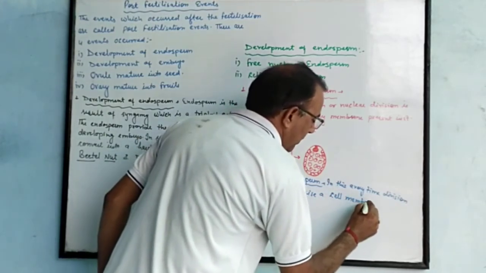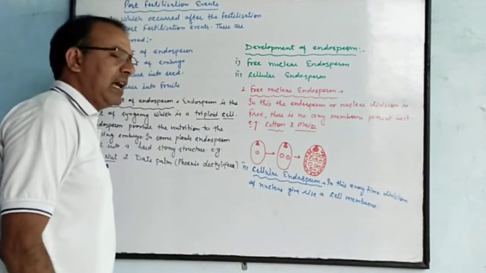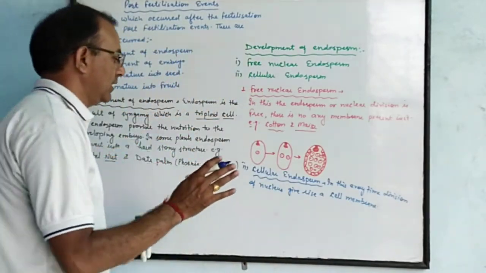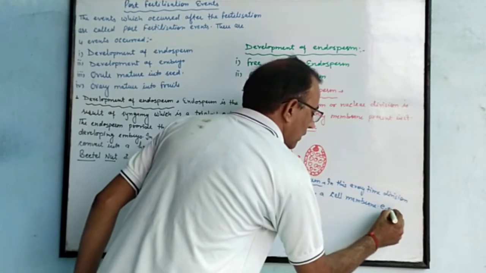Every time the nucleus divides, it gives rise to a cell membrane. जितना भी न्यूक्लियर डिवीजन होता है, उसके साथ साथ सेल मेम्ब्रेन होती हैं, उनको सेपरेट करते चले जाते हैं. फॉर एग्जांपल पिट्यूनिया.